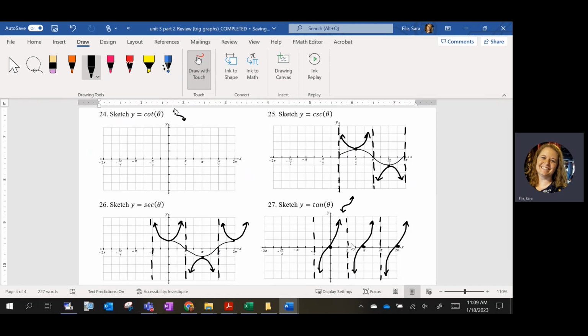The asymptotes are at different places because cotangent, you flip it, is cosine over sine. So when cosine has a 0, which is at pi halves and 3 pi halves, that's where this one is going to cross, and the asymptotes are between.